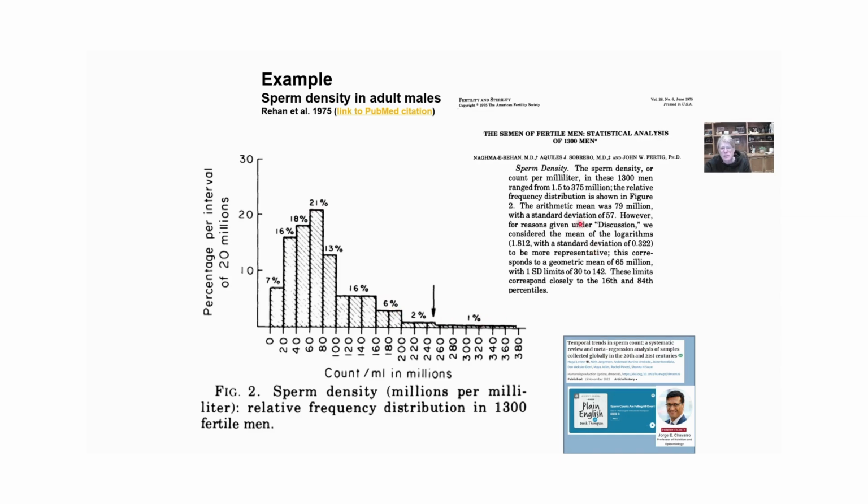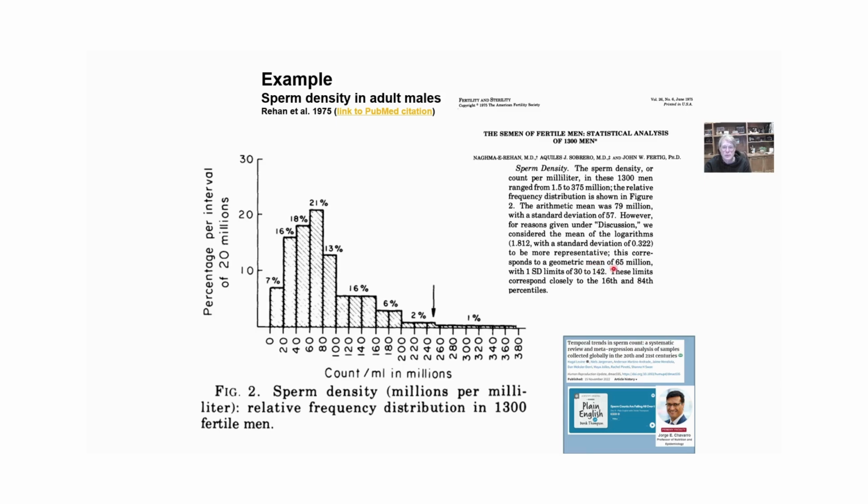I reproduced a portion of the results section here on the right, and you can see the authors report the arithmetic mean was 79 million with a standard deviation of 57. However, for reasons given under discussion, we considered the mean of the logarithms to be more representative.